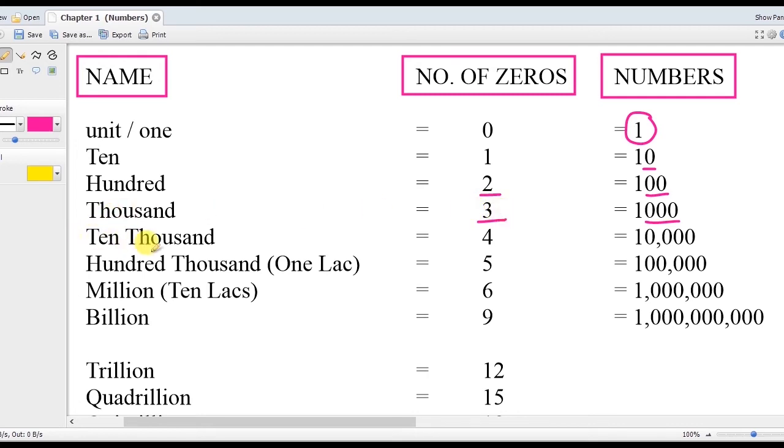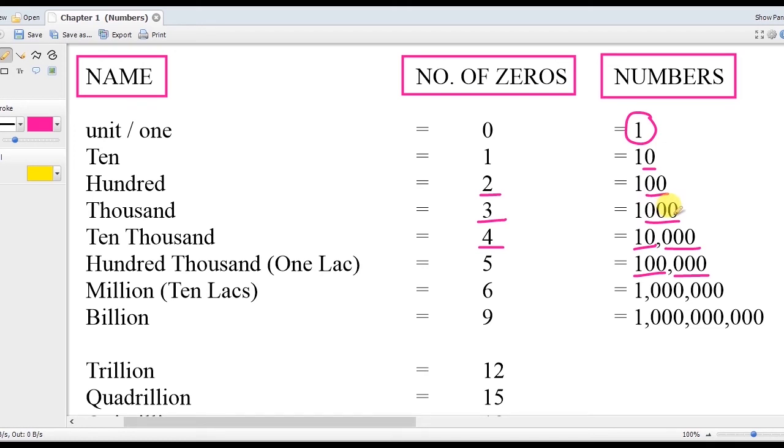After that there is 10,000. This is how we write 10, and in 1000 we have 3 zeros, so write 3 zeros. 10,000. In total we have 4 zeros, right? Then we have 100,000. So write 100 and then 1000, which has 3 zeros, so we take 3 zeros.